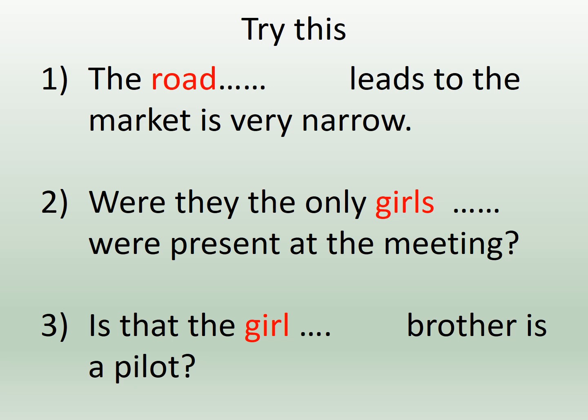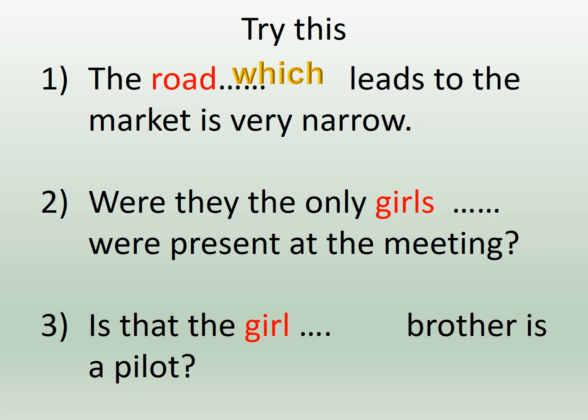Okay, let's try to do this exercise together. The road leads to the market is very narrow. So the road is a thing, so I'll put which or that. I'll say the road which leads to the market is very narrow, or the road that leads to the market is very narrow. Number 2. Were they the only girls were present at the meeting?